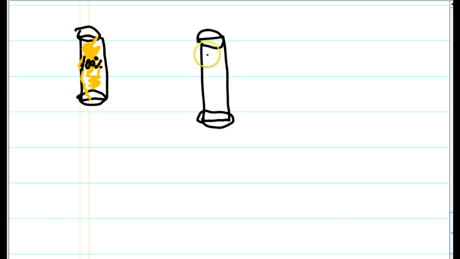And this one is filled with water. And since we're talking about percentage of juice, we're going to say that this is 0% because it has no orange juice. You can't say, well, this is 100% water, this is 100% orange juice. But this is 100% juice, this is 0% juice. It has no juice in it, it's pure water.